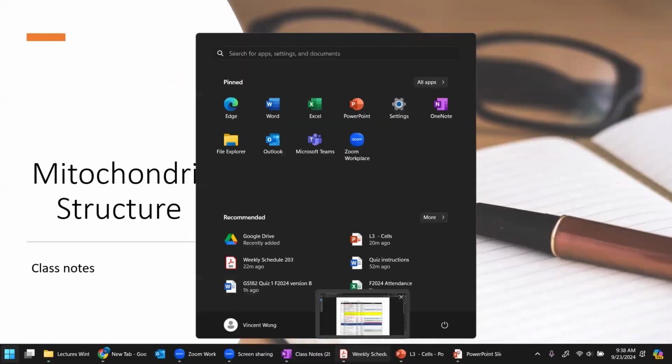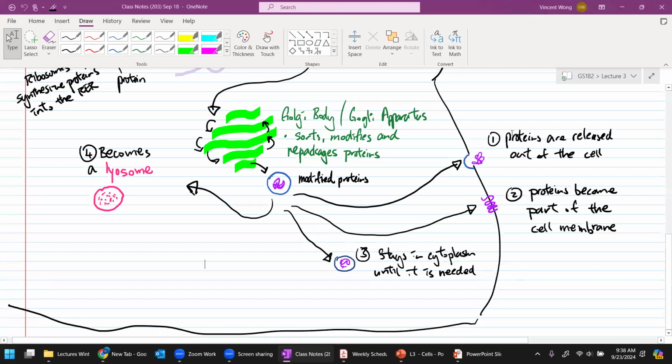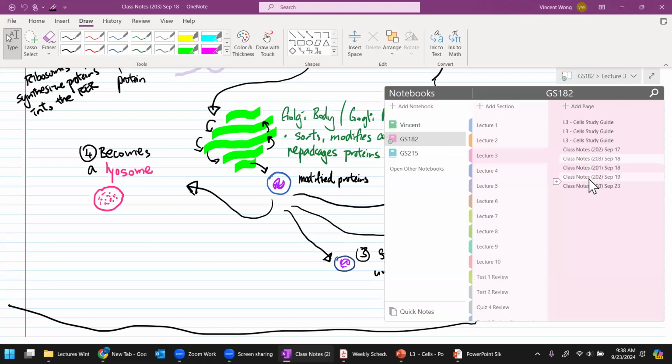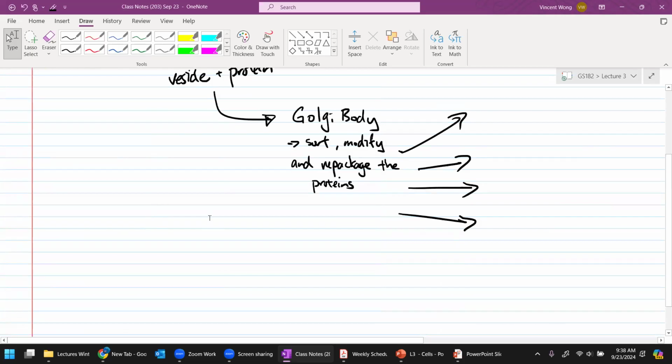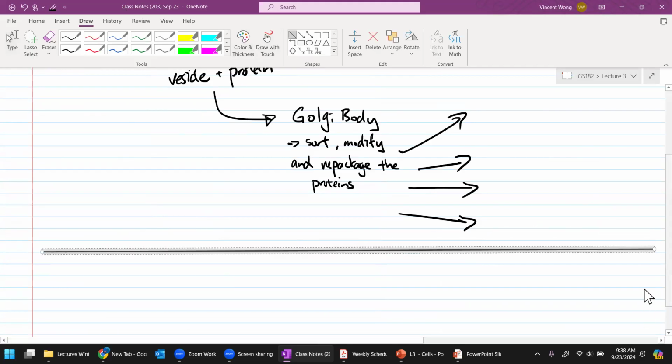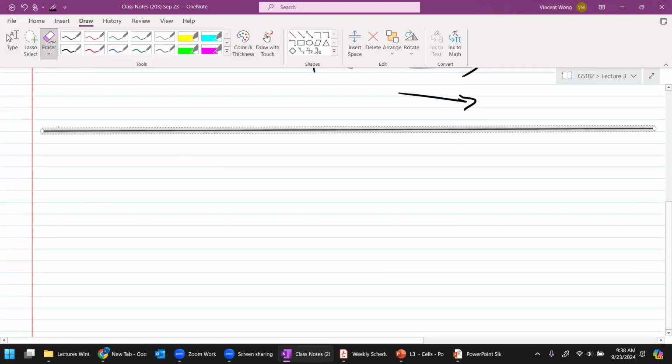Now, I want to draw one together because understanding the structure of the mitochondria is key to understanding lecture 5. All right, so let's get that sorted out. Mitochondria structure.